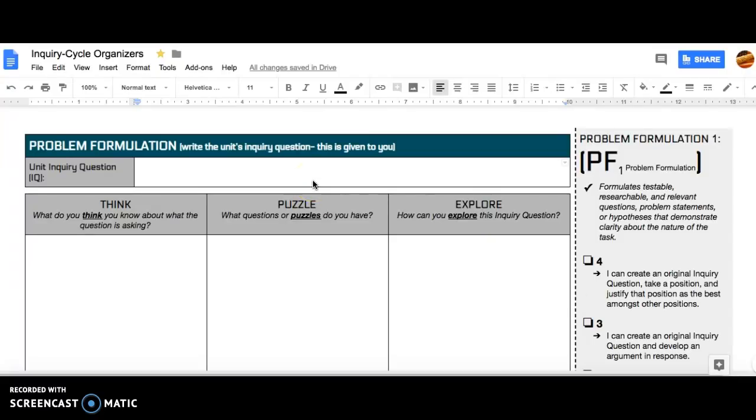So the first organizer allows you to start thinking about what the inquiry question is asking exactly. And the very first step is for you to jot down the inquiry question right here. Okay? That way you have it visible. That way you could always refer back to it as you are working through the inquiry cycle.